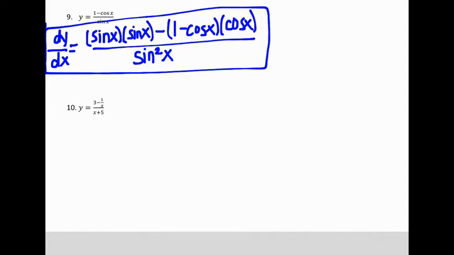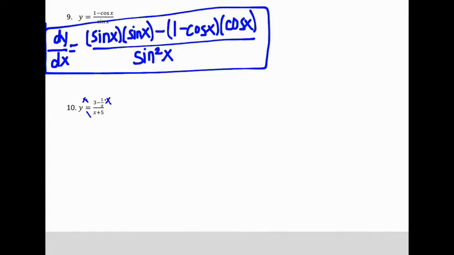All right, number 10. Yikes, we got a complex fraction. Well, we're going to need a quotient rule, but I want to take a second and simplify this complex fraction. Instead of taking this derivative with the complex fraction, let's go through and say, all right, to simplify this, I could multiply all of the terms by the common denominator, x.